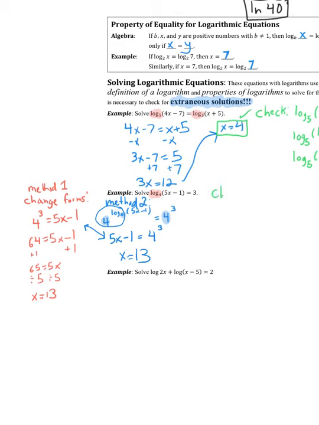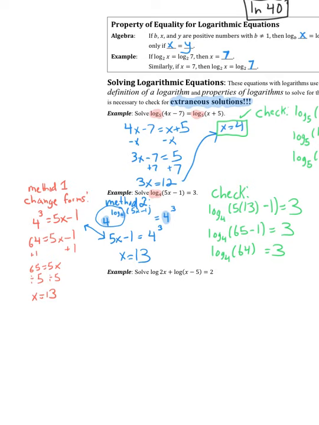Once we get that answer, we're going to check: log base 4 of 5 times 13 minus 1 equals 3. When we're double checking our answer, one thing we might notice is we'll see a lot of the same numbers. For example, 5 times 13, I see 5 and 13 over here.